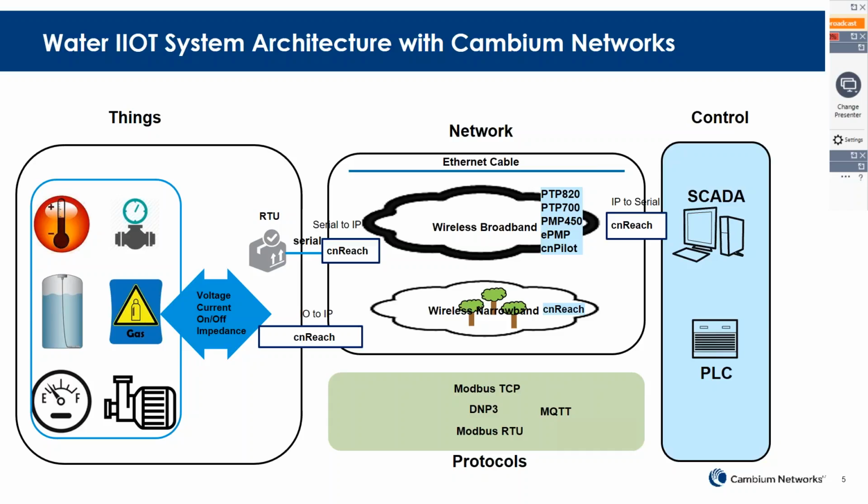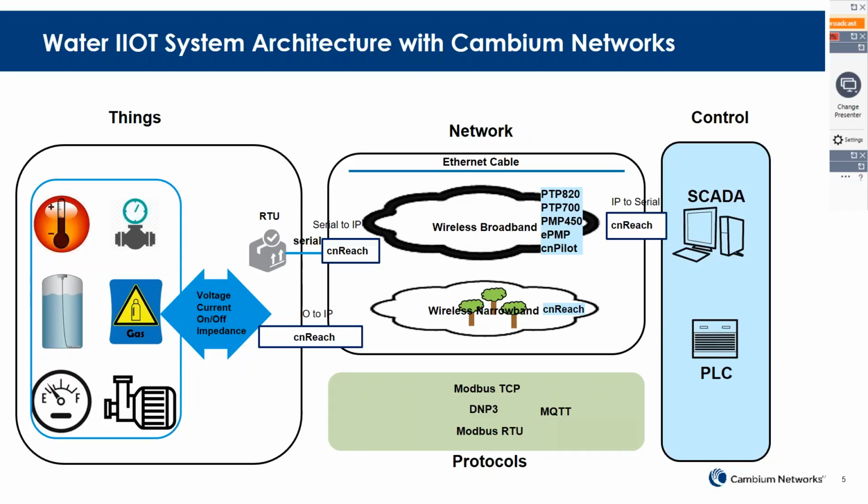And then when it reaches the other end, you use the cnReach, which supports IP to serial, to convert it back to serial, if the SCADA happens to run over a serial interface.